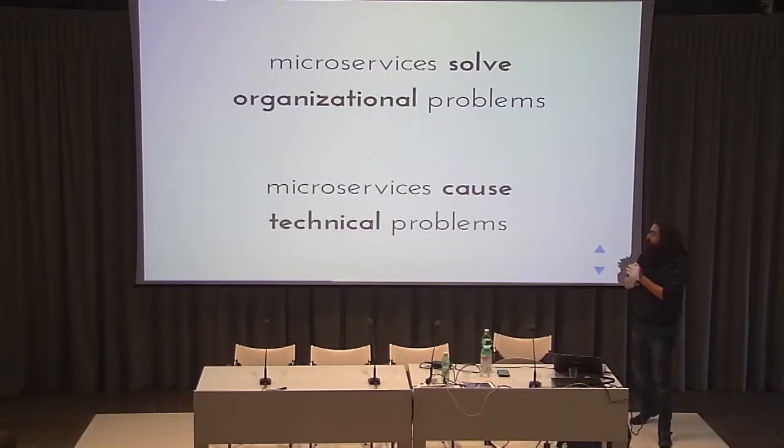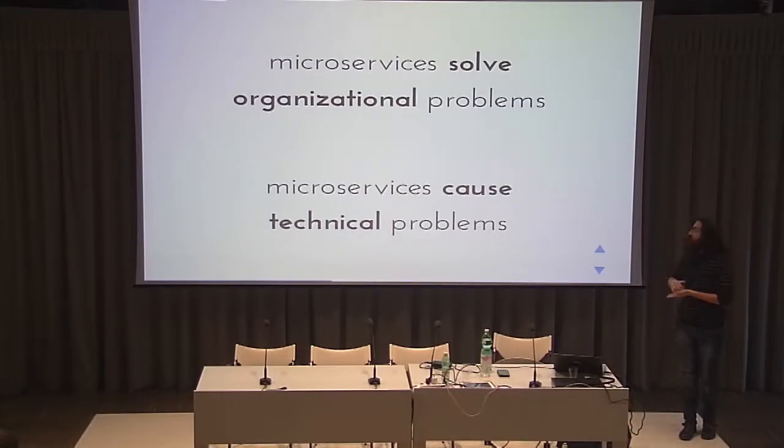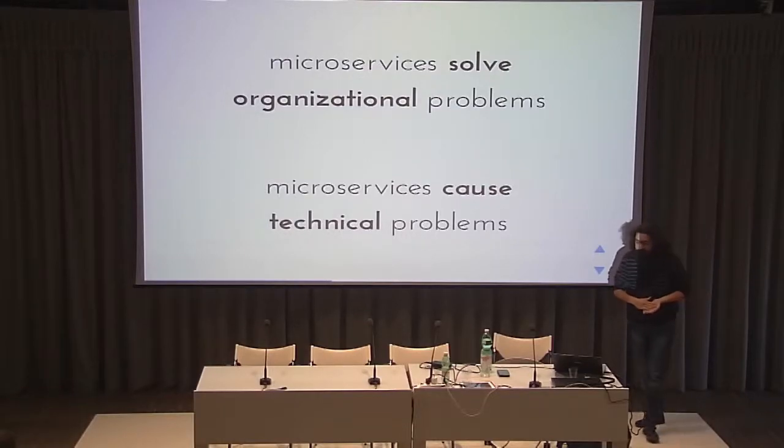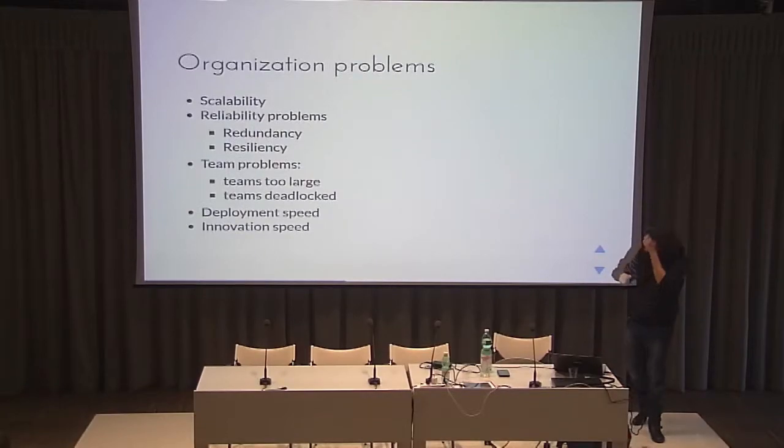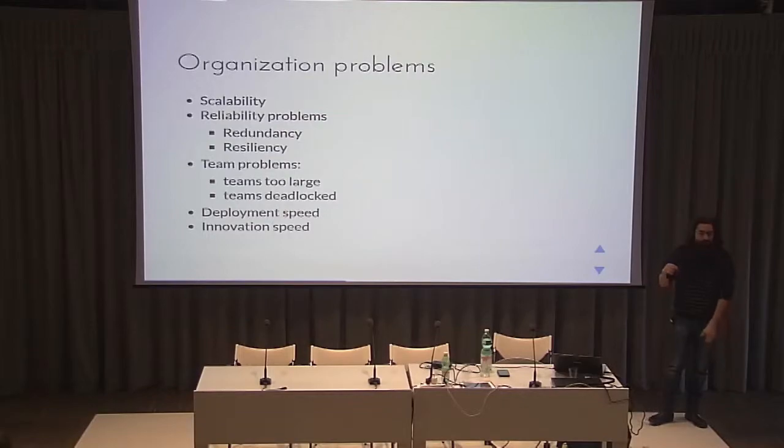But with microservices, we are solving organizational problems, and it's a trade-off. We are paying something to get something. We are paying technical problems to solve organizational problems. And these organizational problems are many, a long list, and we can look at a few of them. The first one is, of course, scalability.